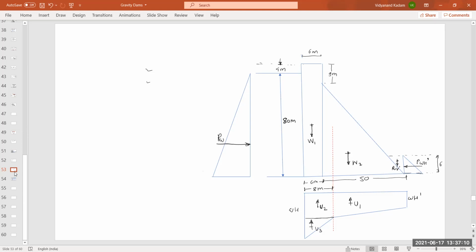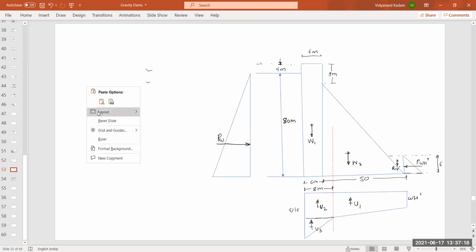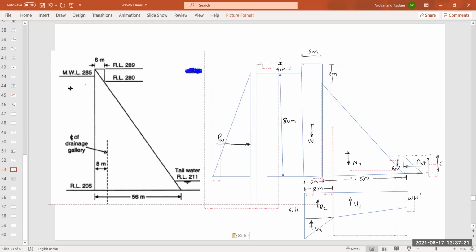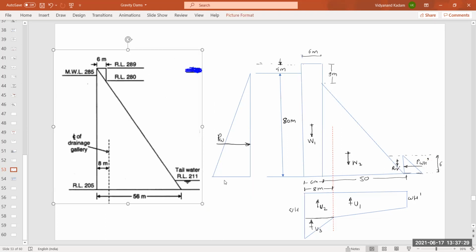Is it clear? Total height is 84 minus 9, that's why it is 75, and base width is 50 meter, which is 56 minus the width of rectangle, 6 meter.